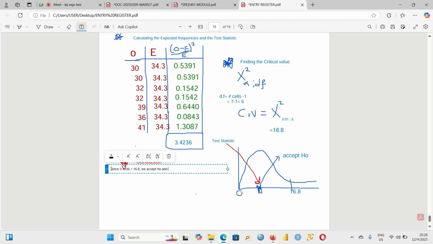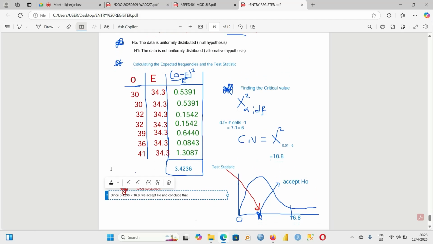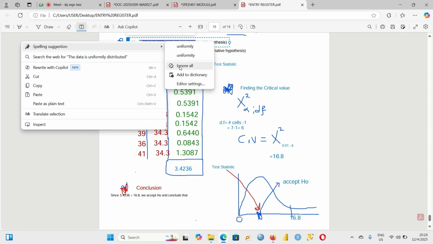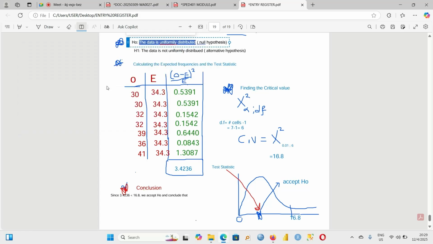and conclude that the data is uniformly distributed. If we are accepting H0, what are we concluding? We conclude that the data is uniformly distributed, because we have accepted the statement.